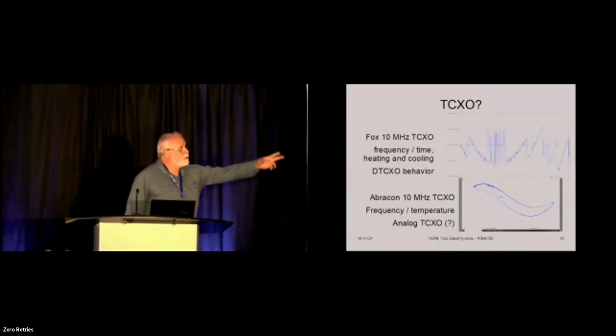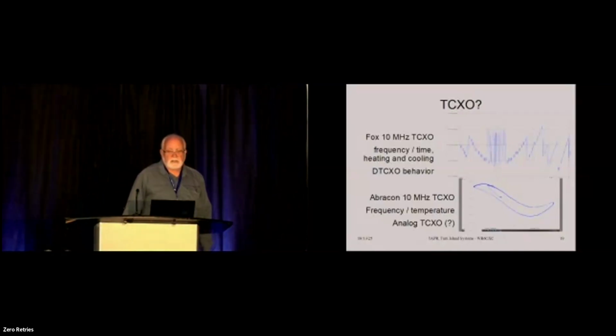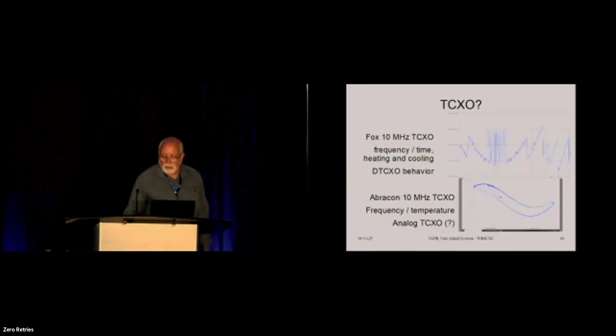Here you see the temperature compensation curve. And you'll notice it's not a single straight or curved line. It almost looks like a hysteresis curve. When it's cooling, it's following one track. When it's heating, it's following a different track. And even an ovenized crystal oscillator will do this.